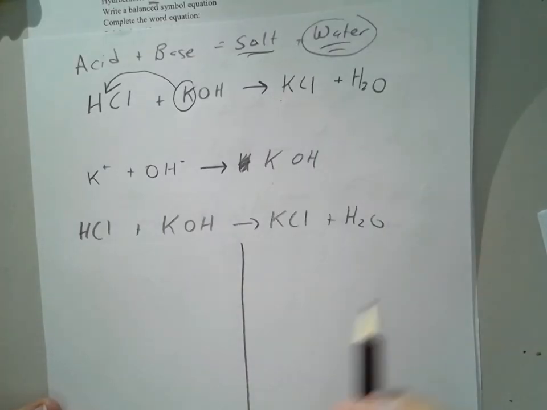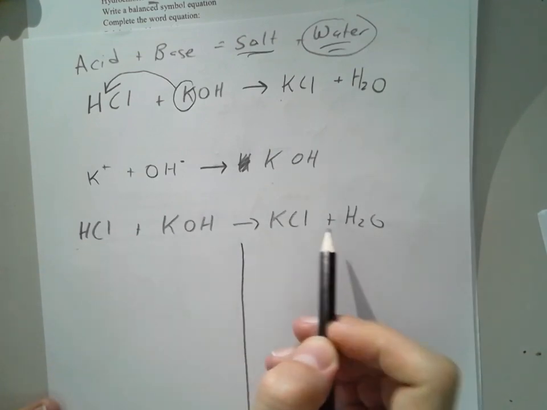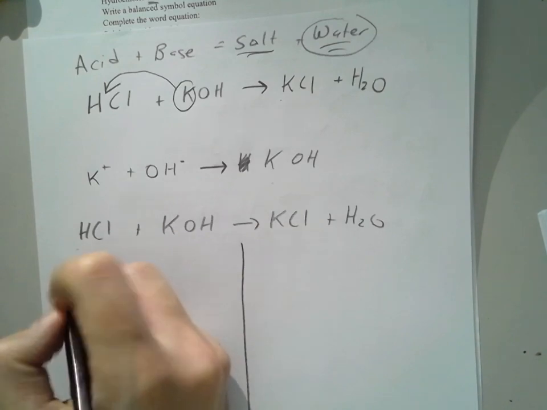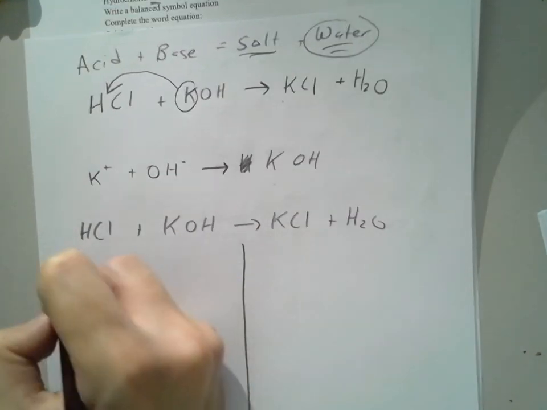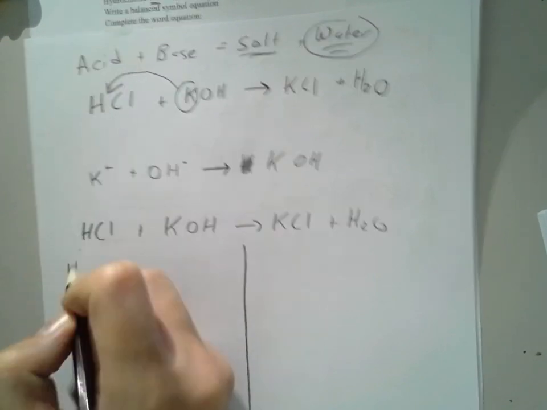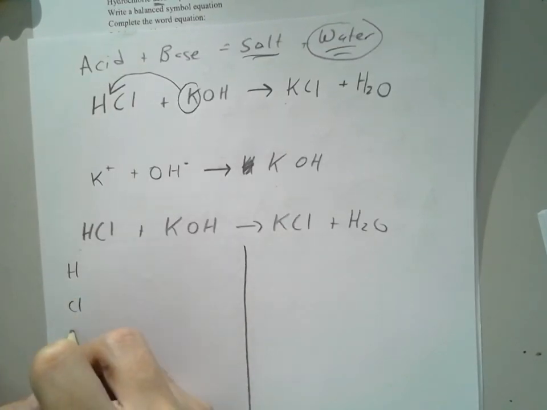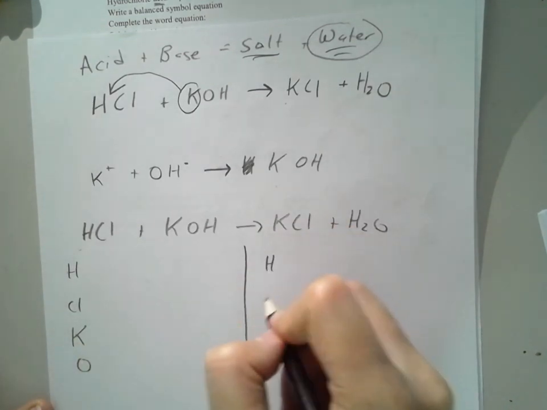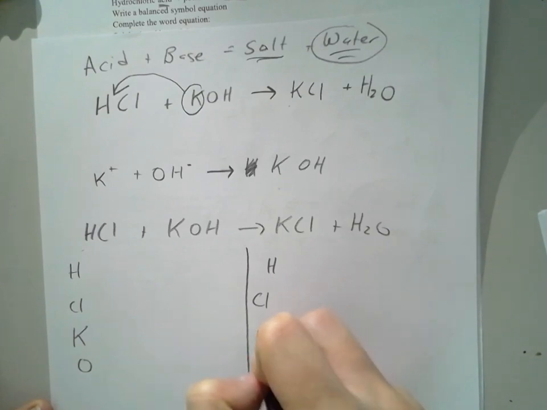Okay, so now the last part is, now that I have these symbols here and I've got the chemical equations, I need to balance the equations. As if you refer back to my other video, we just need to balance it. So I've got the H here, I've got the Cl there, I've got the K, and then I've got the oxygen. And I've got the same ones on this side, Cl, K, and oxygen.